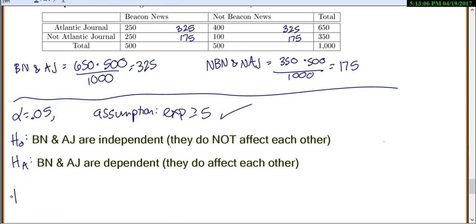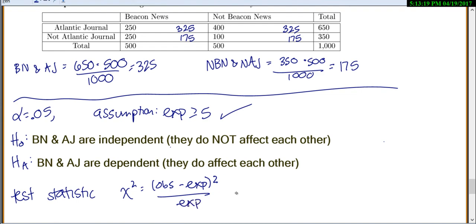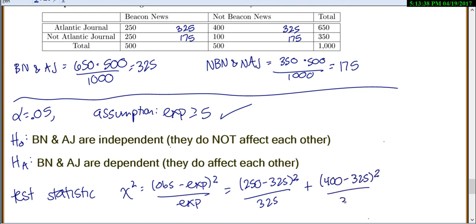Then you need your test statistic, which is chi-squared, which is equal to the sum of each observed value minus the expected value, squared, over the expected. This is why I kind of like doing the same table, because it's really easy to see which ones go together. So we'll have 250 and 325. So 250 minus 325 squared over 325, plus my next cell, I'm going to do 400 and 325, squared over 325.